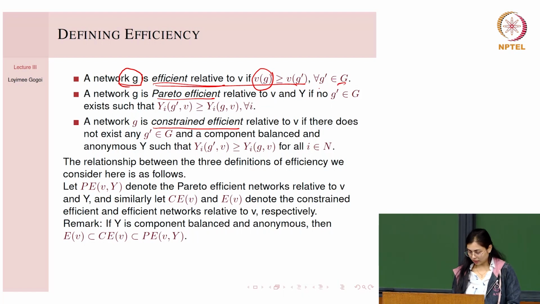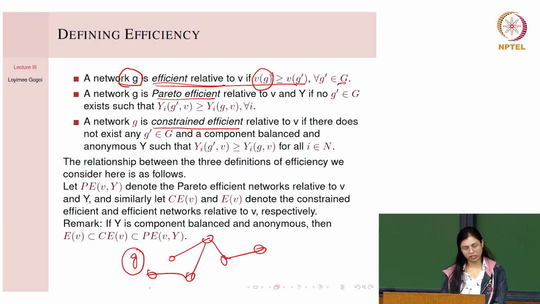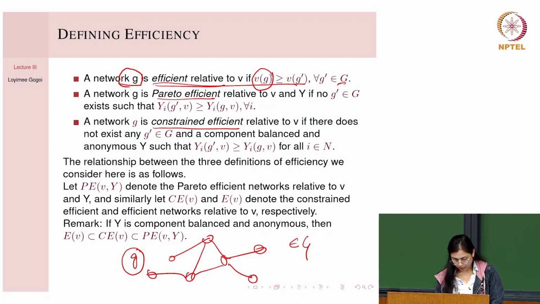For any sub-network, say Z, I can say it will be efficient if the worth of Z is more than any other network that belongs to Z. Let me use a different example.